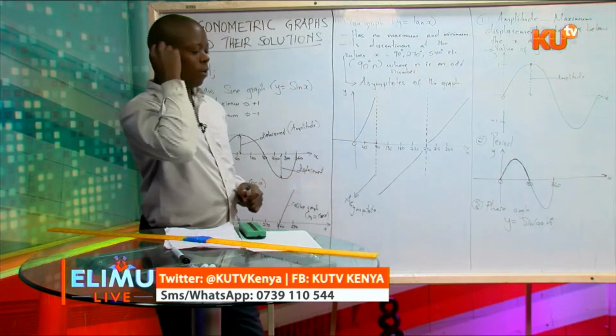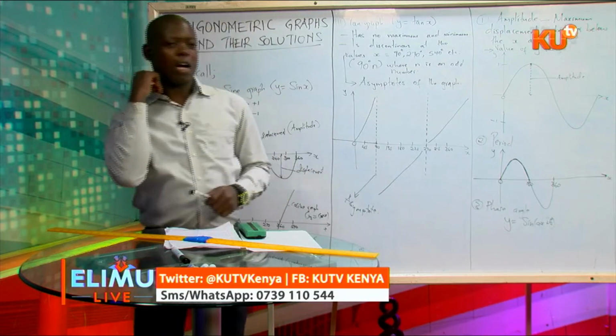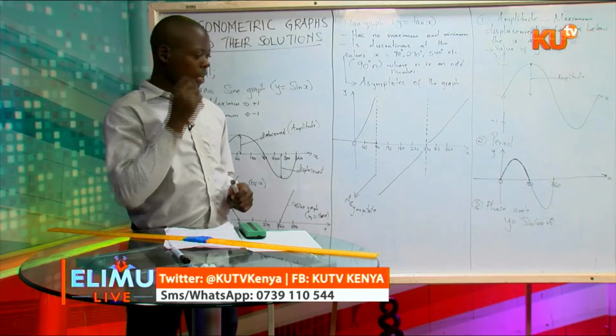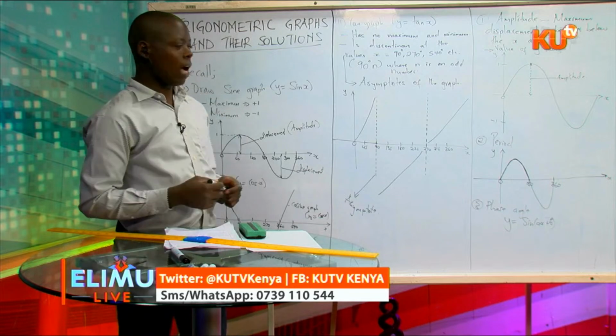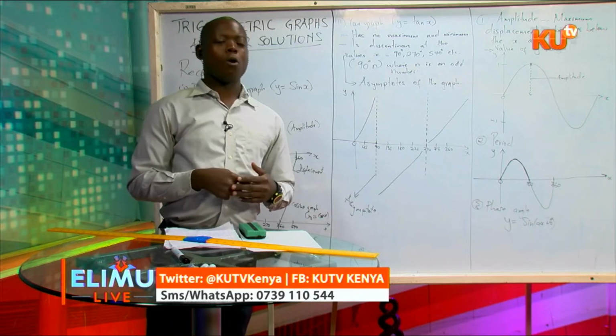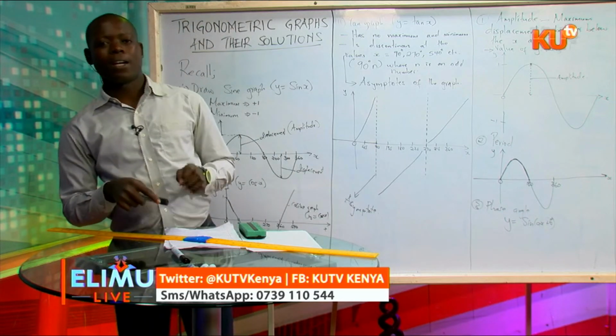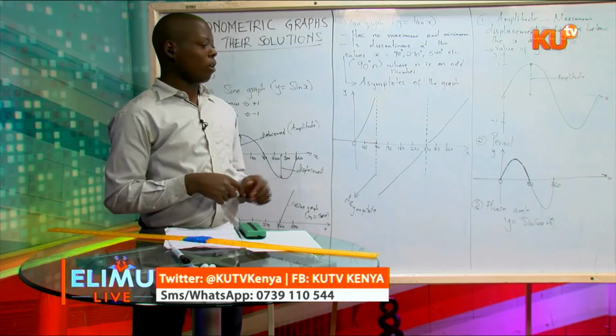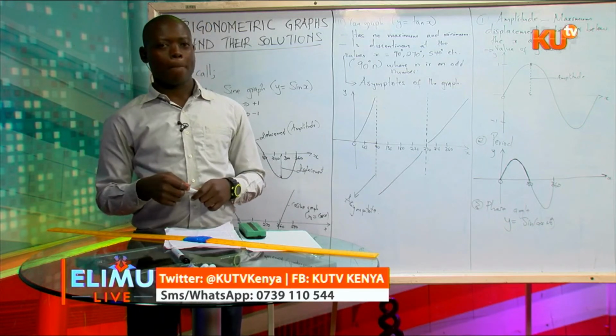And then what we call phase angle is that angle difference, which is in this case b degrees. The angle that is either added or subtracted to the main angle is what we are calling the phase angle.